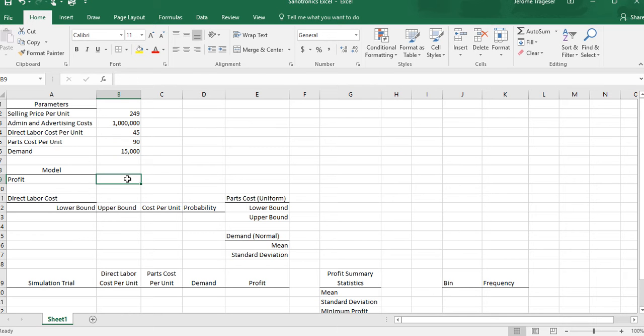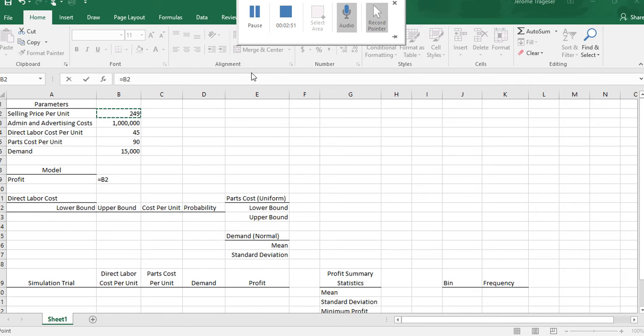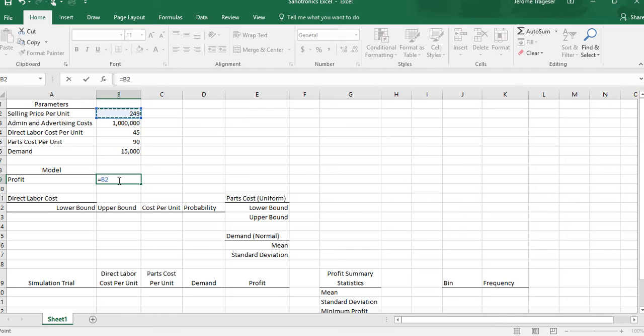So profit equals our price per unit minus our direct labor cost minus our parts cost per unit. We want all of that to be multiplied by our demand.